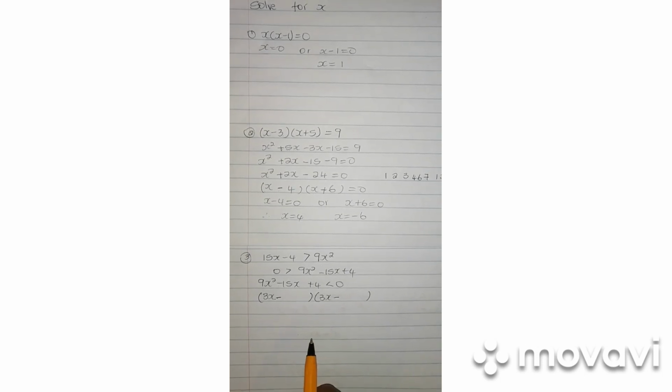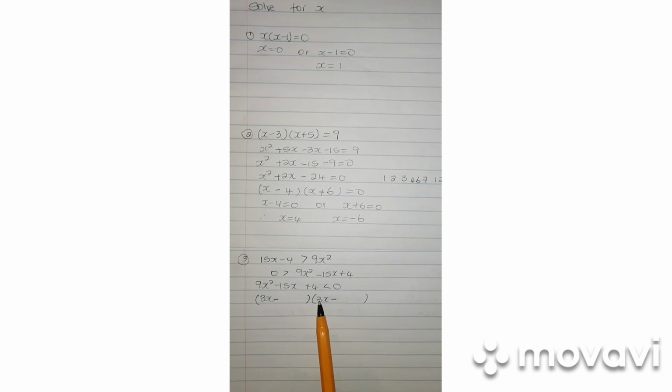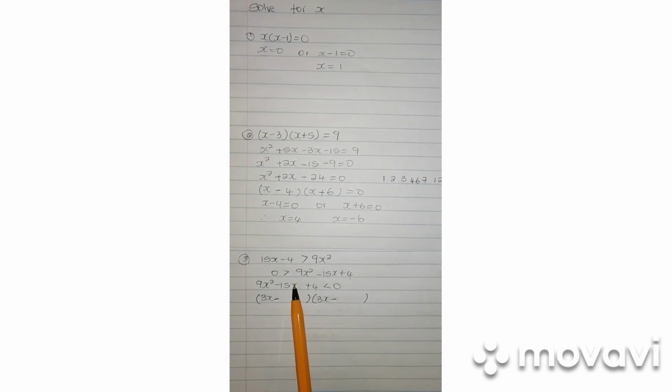Okay, then we think of numbers that when we multiply we get 4, but when we multiply them with this 3 we get 15.